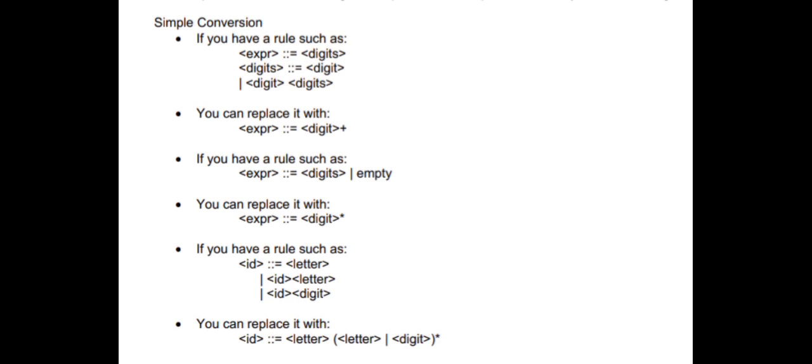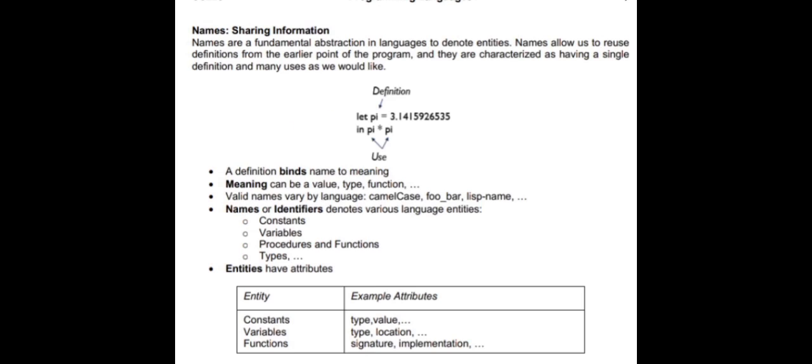If you have such a rule as id ::= letter | id letter | id digit, you can replace it with id ::= letter (letter | digit)*.